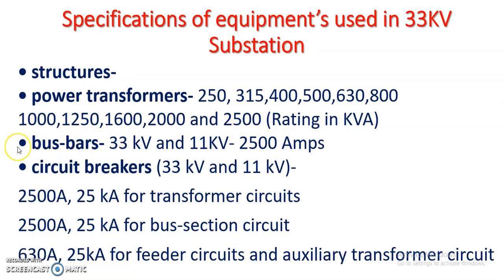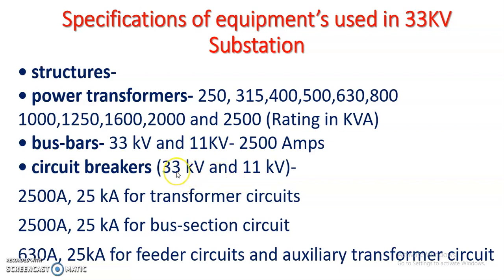Next point is the bus bar. We can use a 33 kV bus bar and an 11 kV bus bar. To connect the incoming line we use 33 kV. To connect the outgoing side of the substation we have to use an 11 kV bus bar having 2500 ampere current rating. Then next is circuit breakers. There are two types, 33 kV and 11 kV.